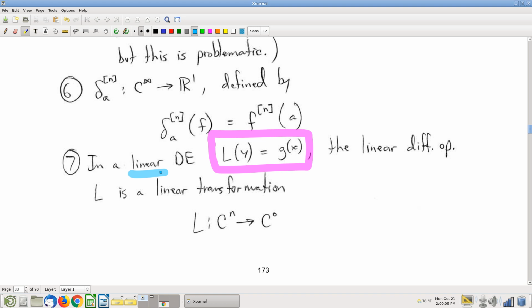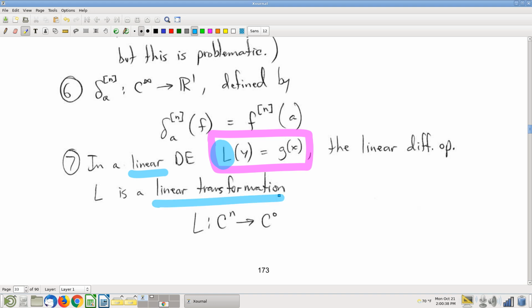Somewhere in this discussion there is a function that is being described. The action of doing whatever the left-hand side of the differential equation is, the action of taking a y and taking various derivatives of it and multiplying by coefficient functions, all of that stuff, that total process is linear. We actually proved this back in chapter 4. We just didn't say the word linear transformation.